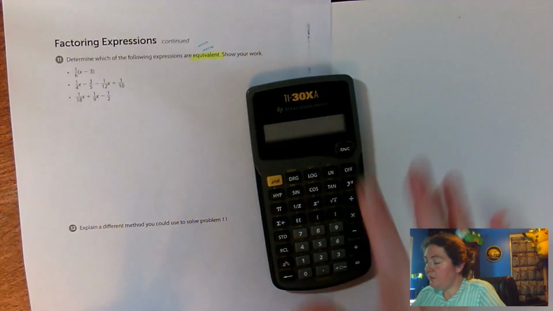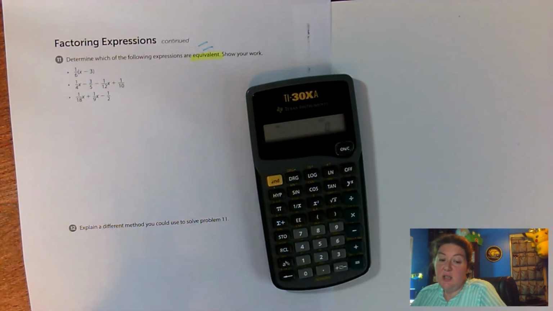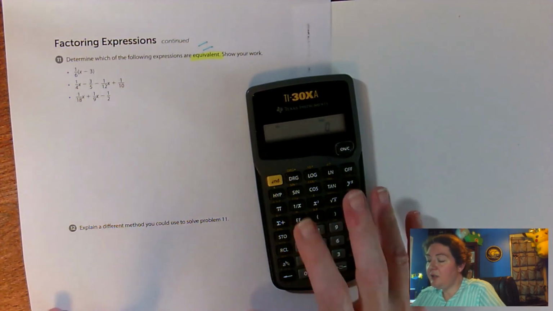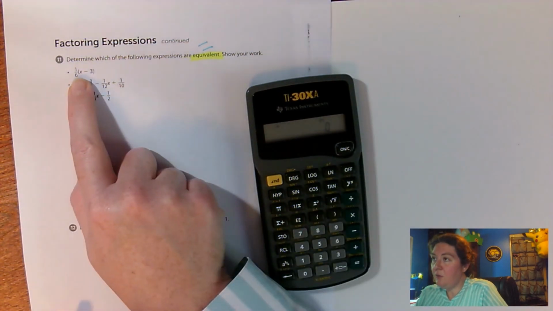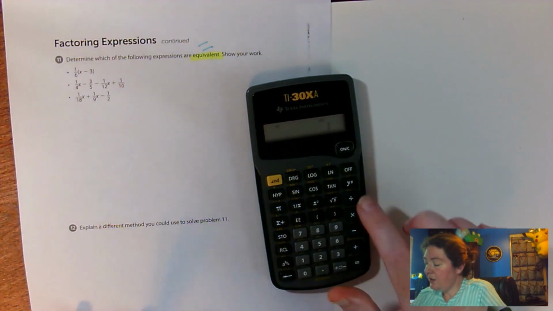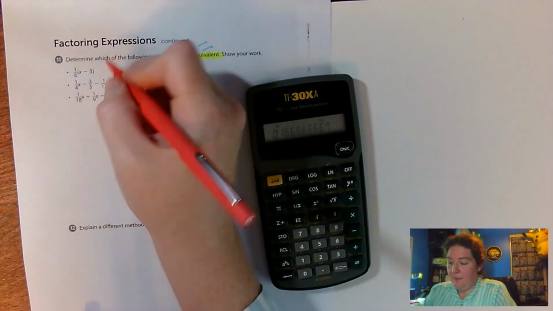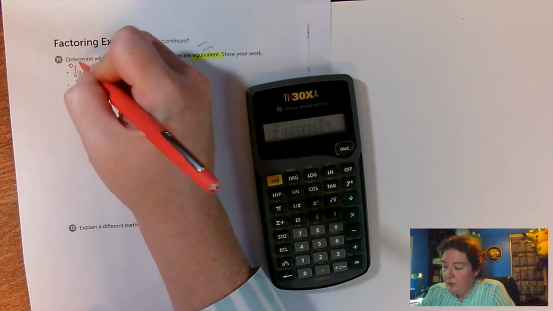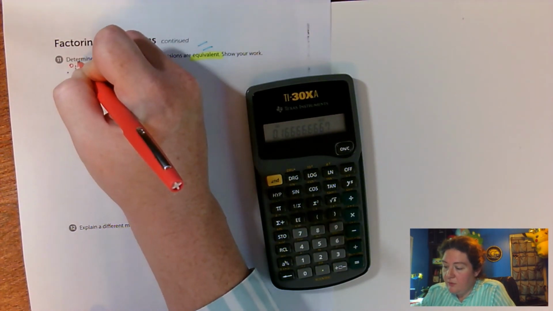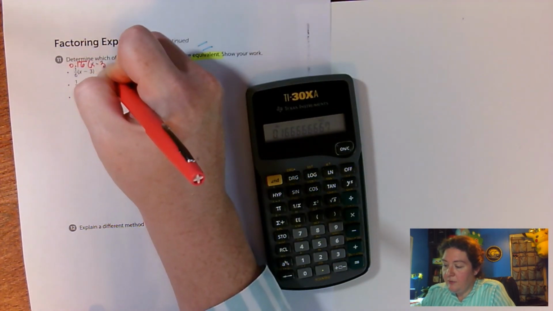I'm going to use my handy dandy calculator on this one because I see a bunch of fractions. I'm going to make life easy on myself and change the fractions into decimals. So my first fraction, 1 over 6, I'm going to say 1 divided by 6. That gives me 0.16 forever and ever, times negative 3.